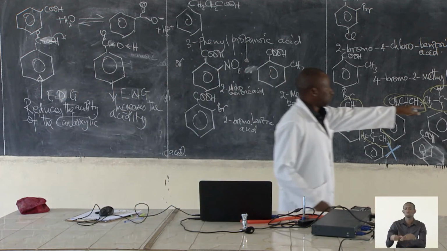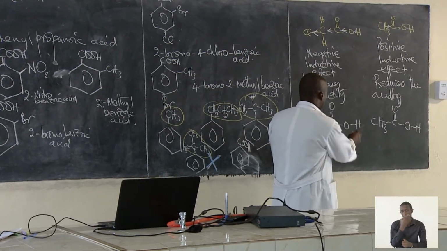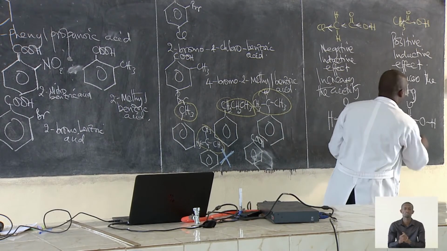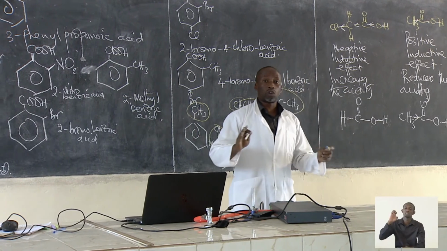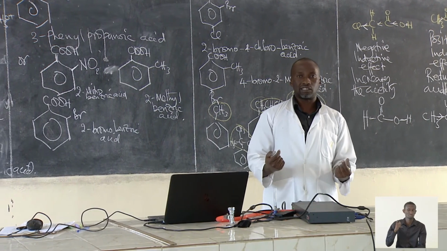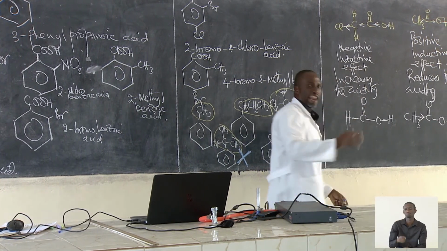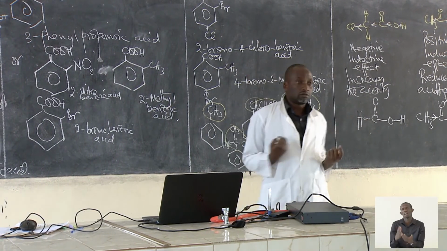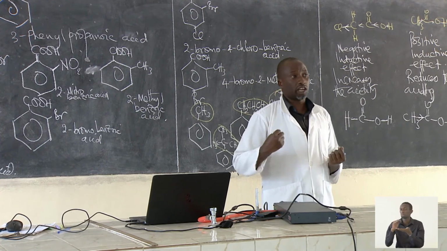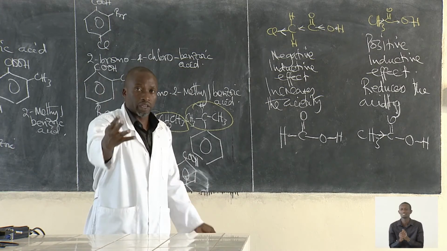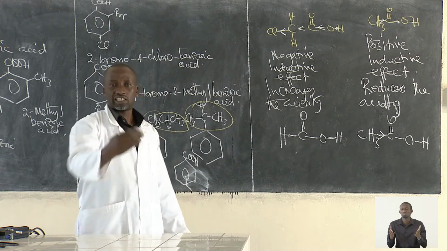So coming back to this one, because I never wanted to leave it behind, I've just asked it. So this is electron donating. So he said electron donating always reduces the acidity. This hydrogen is neither of the two. It doesn't remove the electrons, doesn't withdraw the electrons, and it doesn't even donate the electrons.